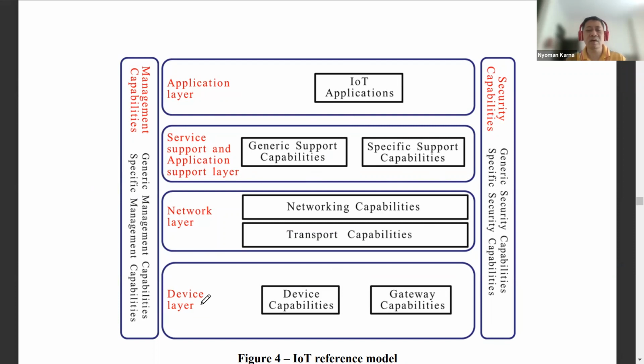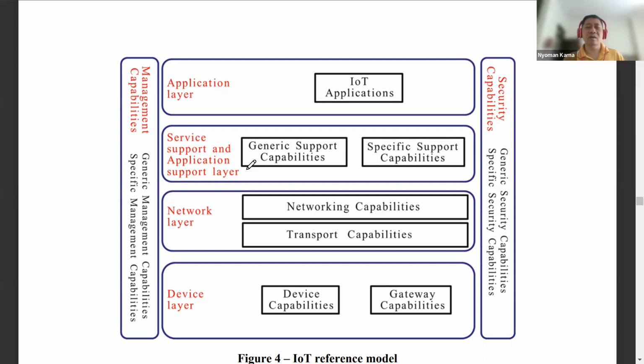So don't think about, okay, this is the Arduino Uno, this is the internet, and then this is the IoT platform. It's not something like that. It's a layer or reference model that could reside in its node.